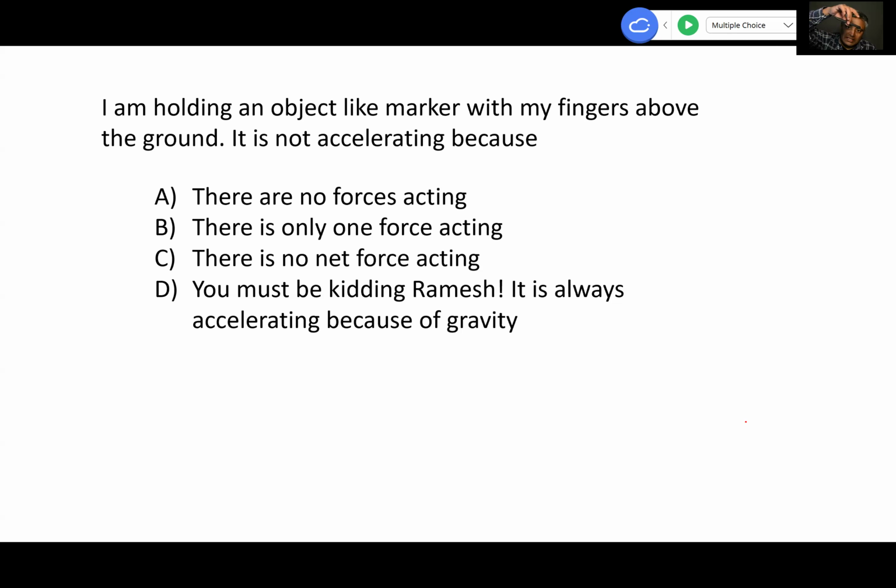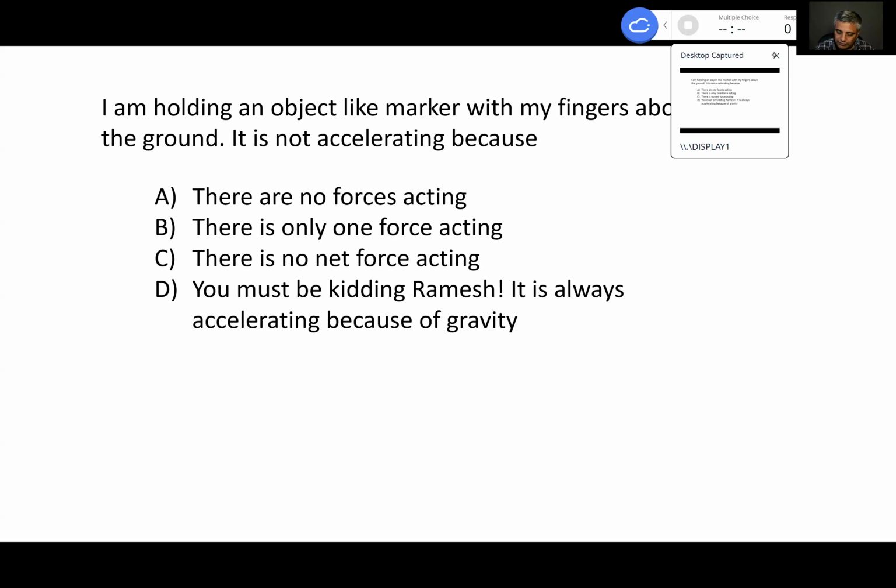So I'm holding something like this, a marker or pen or a ball. So what do you think? And you have a total of a minute to answer this question as well.